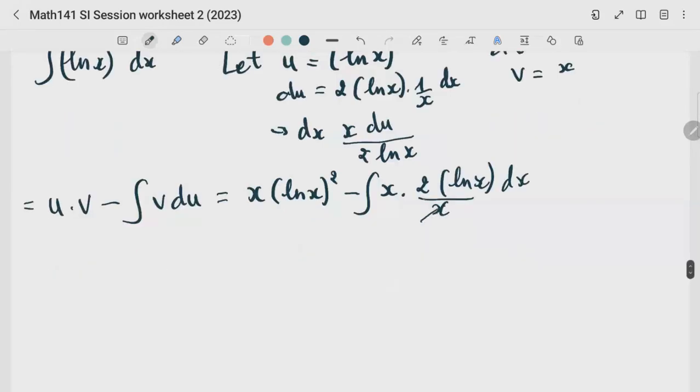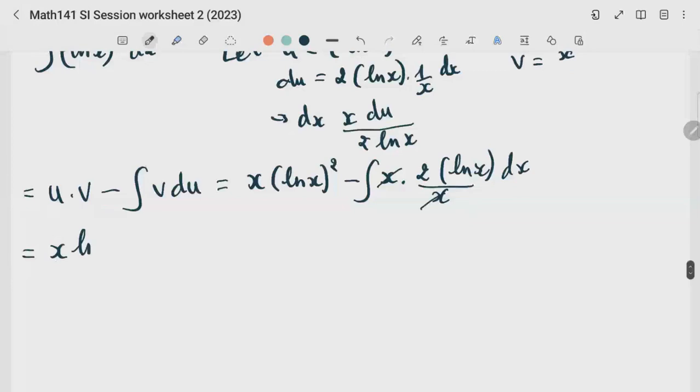The x can cancel, as we can see. So this simplifies to x times ln x squared minus the integral of 2 ln x dx.